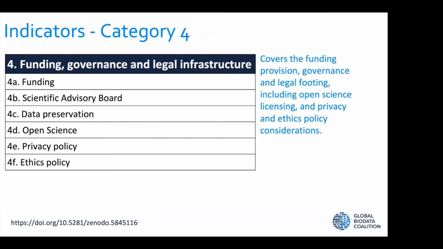Data preservation, it's very important to have a data preservation strategy. The licensing, open science, we gather information about the type of license that the data is made available under. There are several kinds of compliant open licenses, and so we ask for that information in 4D.